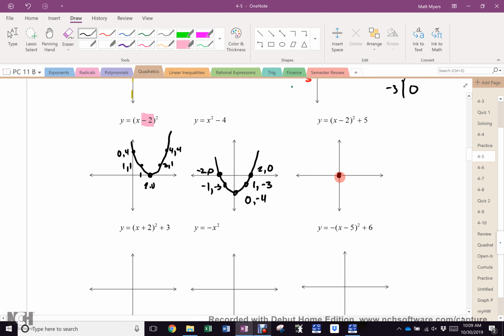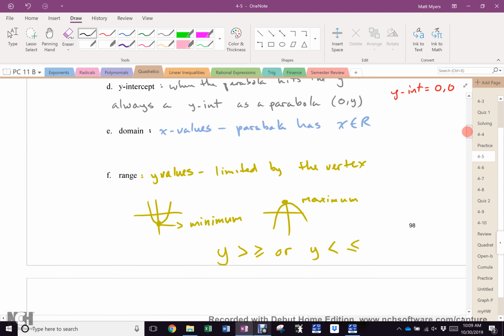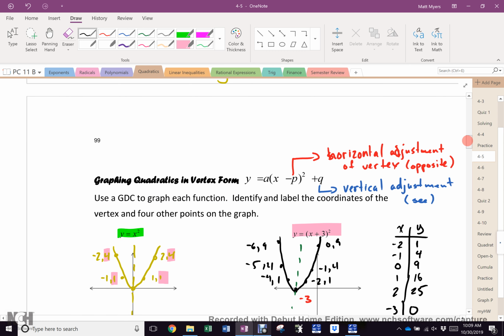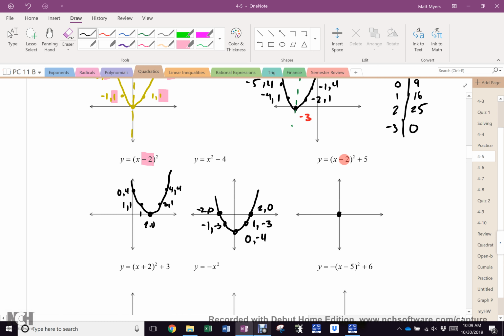In our heads, it starts there, but where is it moving? No. To left? Our horizontal adjustment is the opposite of what we see. We see negative 2, which is 2 left. Gervir, you're right. But what do we do? We got to move it 2 to the right.